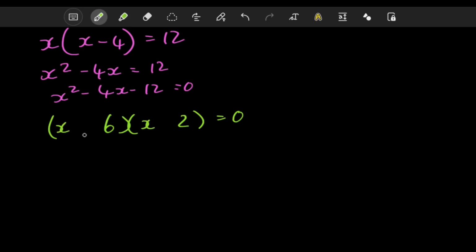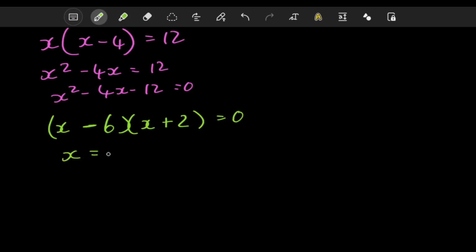But you have to be careful with what value goes where. This is a negative 12, so obviously these are going to have different signs. To get a negative 4, it has to be a negative 6 plus a 2, because negative 6 plus 2 gives a negative 4, and negative 6 times 2 gives a negative 12.